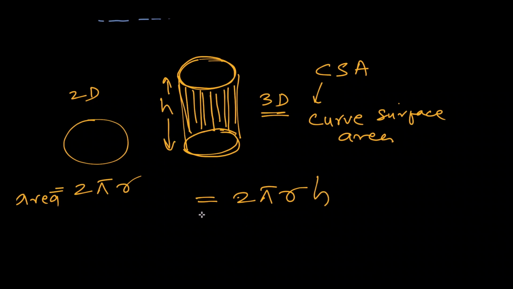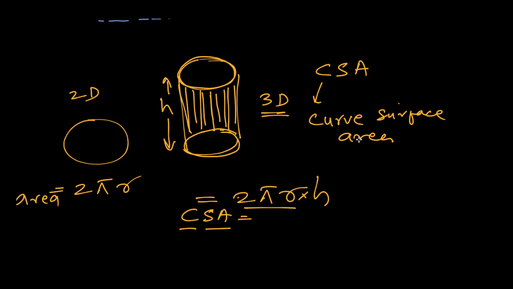So this is called the curved surface area. This is exactly the surface covered in between these two circles. We consider only the circle, but we have to multiply with the height. This is the curved surface area.